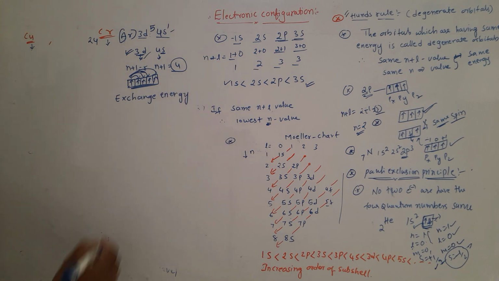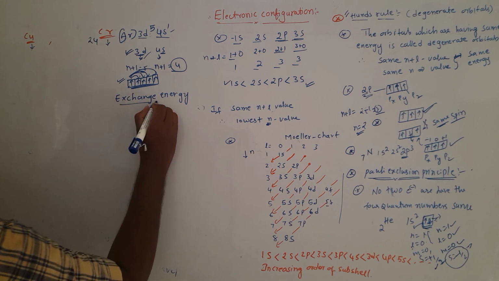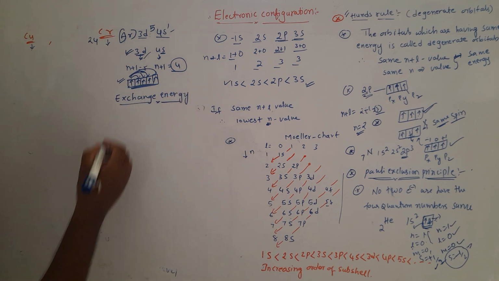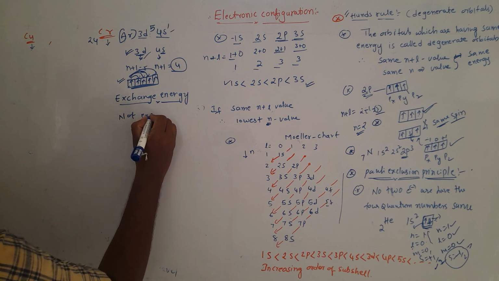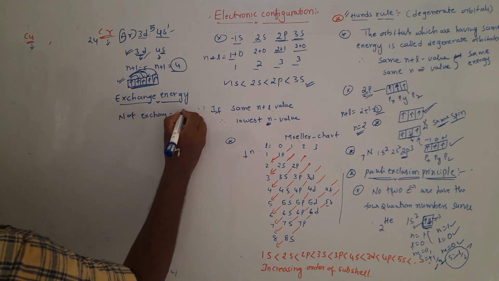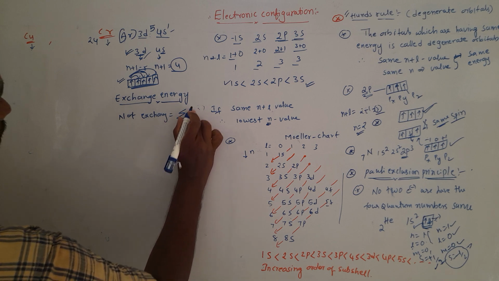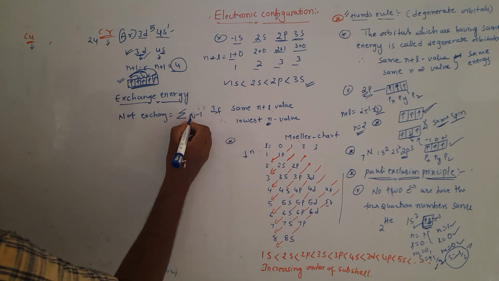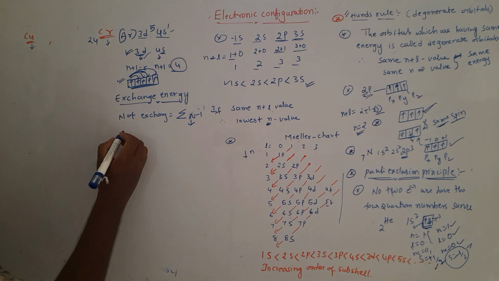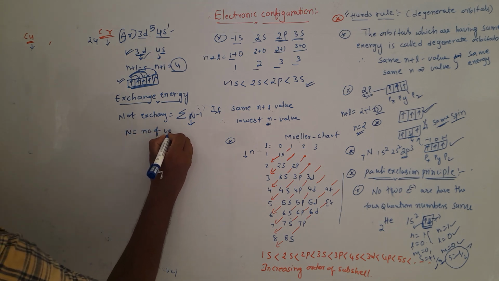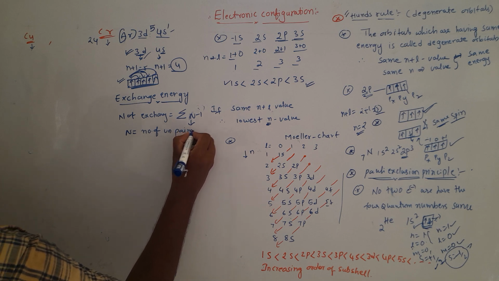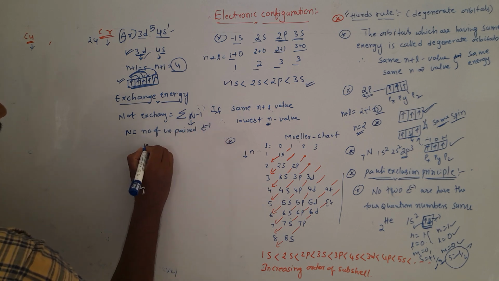Due to exchange energy, it is having such type of electronic configuration. And here the number of exchanges is equal to summation of n minus 1, where n is the number of unpaired electrons with the same spin.